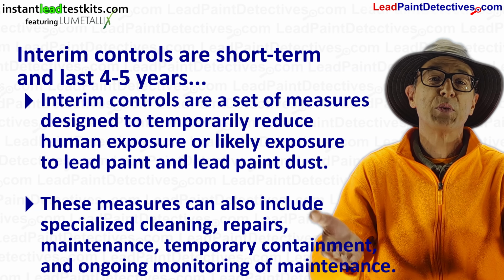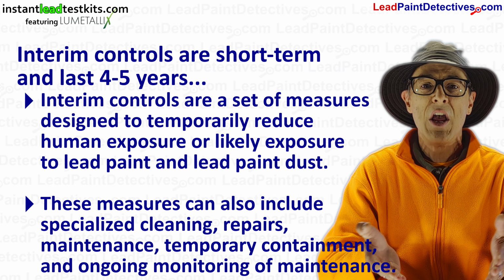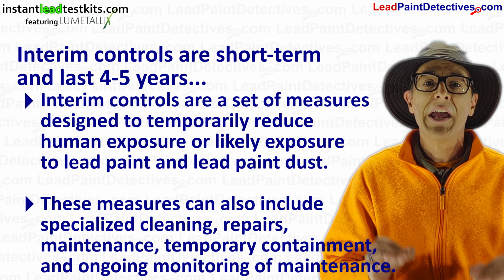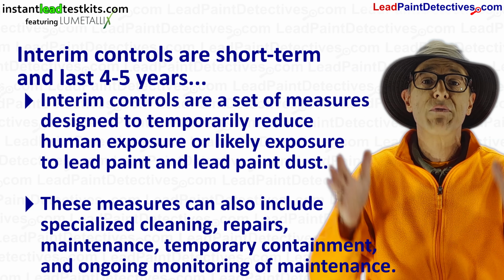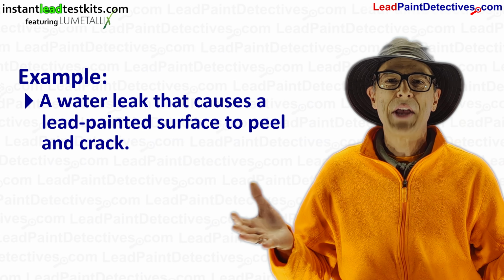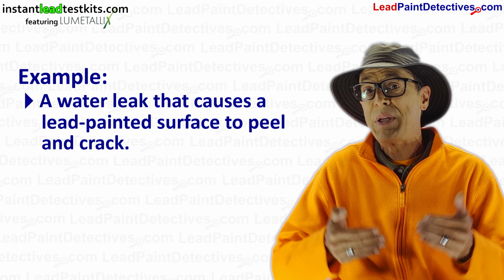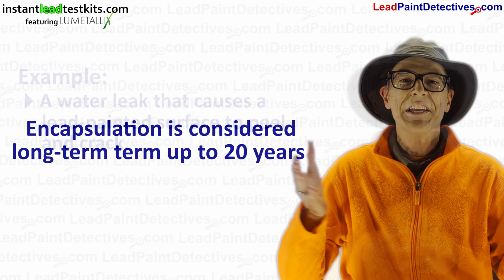These measures can also include specialized cleaning, repairs, maintenance, temporary containment, and ongoing monitoring of the maintenance. An example would be a water leak that caused a lead painted surface to peel and/or crack.